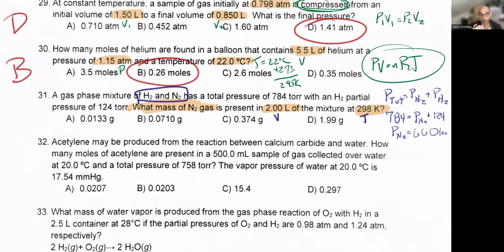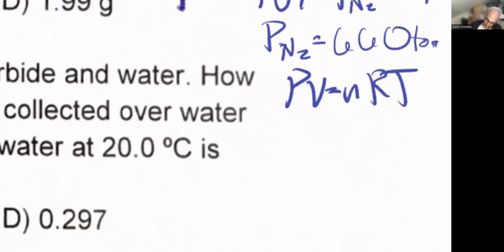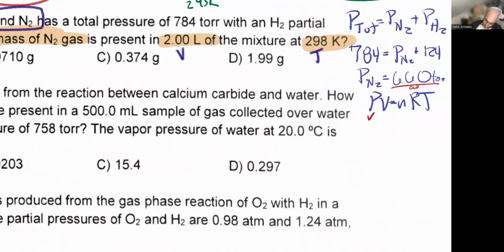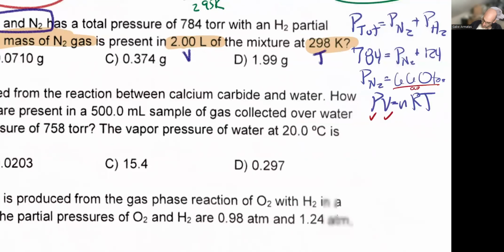This is a gas problem. Has anything changed? No, we're dealing with one state, which means that we are going to be using PV equals nRT. So if we look at PV equals nRT, I have the pressure of N2, but we're going to have to convert this to atmospheres. I have the volume, I believe. Yep, we have volume.